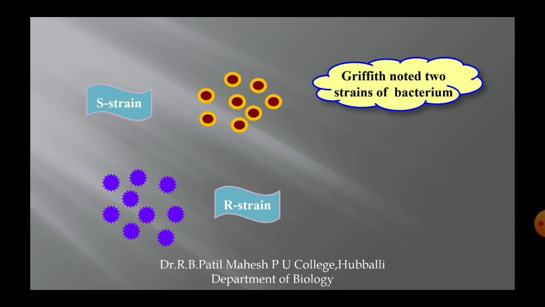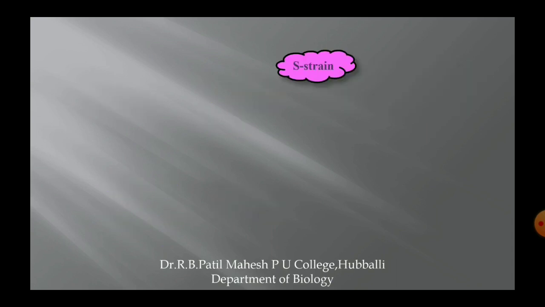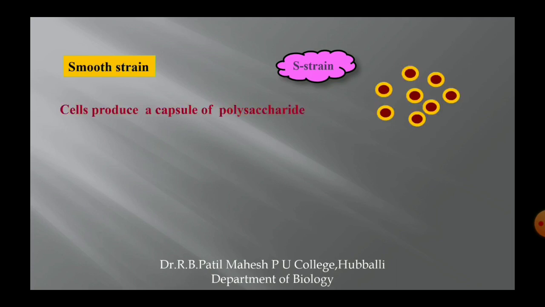So let us find the difference between these 2 strains. The S strain or S cells are the smooth variety. The cells produce a capsule of polysaccharide, a mucus coat around the cells. That's why they are called smooth cells.